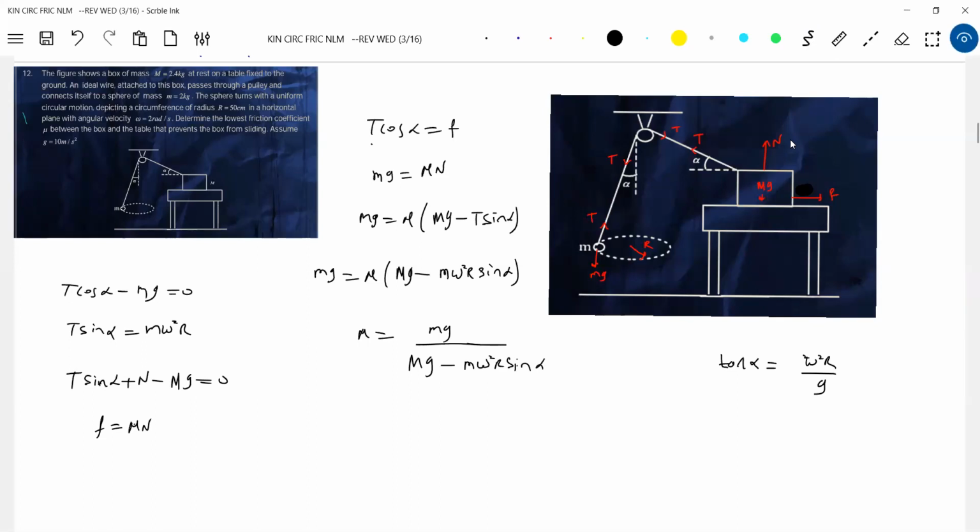Okay, now what is being asked, sir? Lowest friction coefficient. Why is lowest brought in here? Anything we have to further think, or is this sufficient? Static friction, sir.